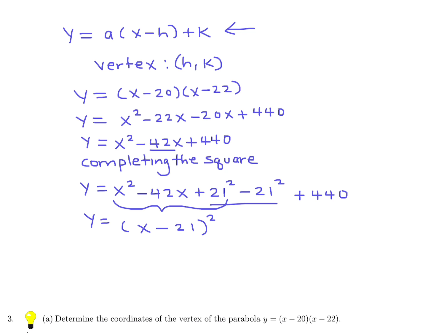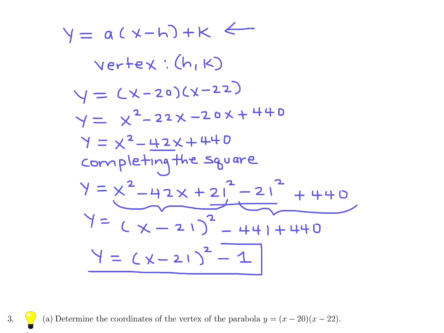And then what's left here, this part we add. So -21 squared is -441, plus 440. So this becomes y = (x - 21)² - 1. Great, so this is now in this format.